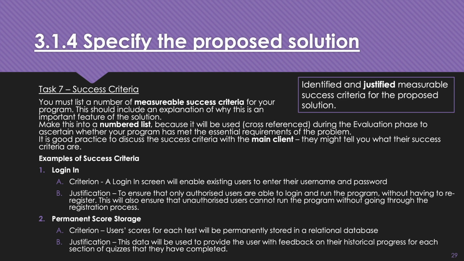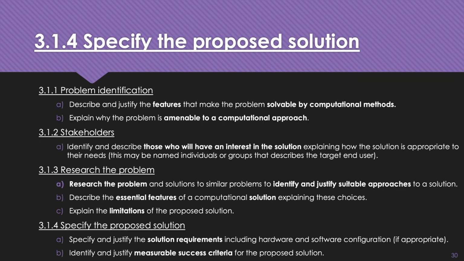Okay, just before we finish off, I'll remind you what the 4 sections were according to the OCR specification: problem identification, stakeholders, researching the problem, and specifying the proposed solution. When we come back in September, your analysis section will be complete. It's really important that we get all these things done.